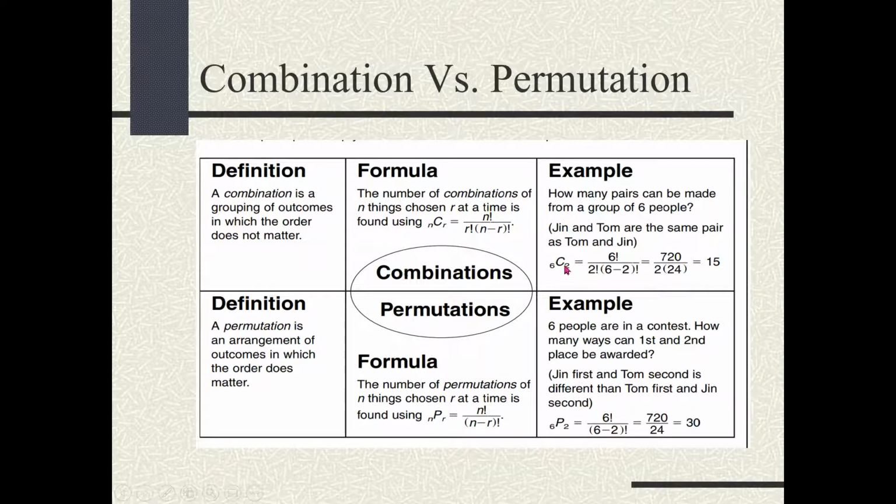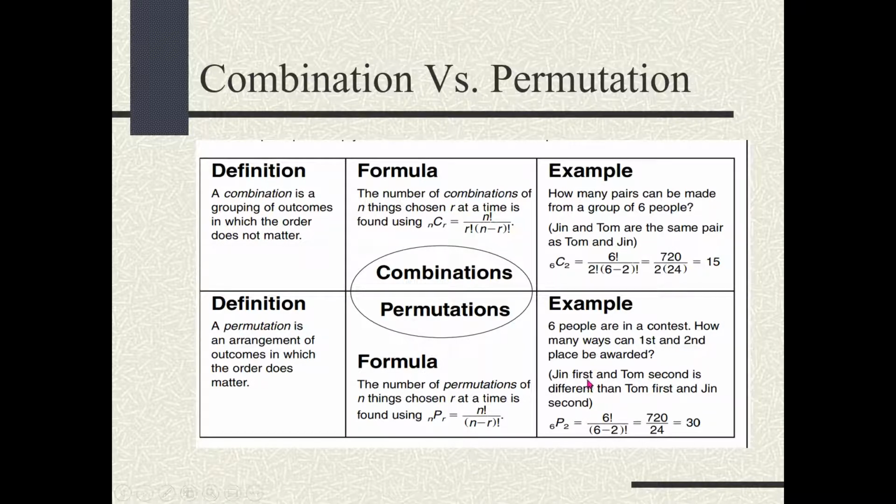Now if we analyze the same example but in a different scenario: there are 6 people in a contest. In how many ways can first and second places be awarded? Now order matters, because whoever is chosen in first place will be given the first prize, whereas whoever is chosen in the second draw will be given the second prize.